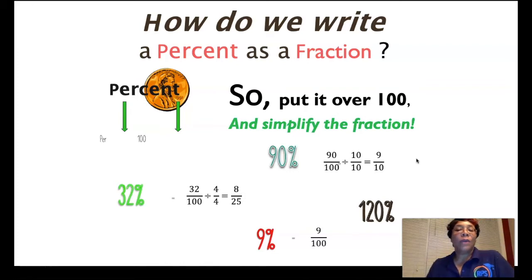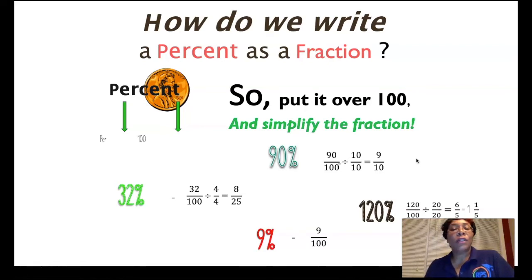We have 9 100ths. Already simplified. Can't do anything more with that one. And then we have 120%. Now, whole is 100%. So this is going to give me an improper fraction or a mixed fraction because it's over 100%.